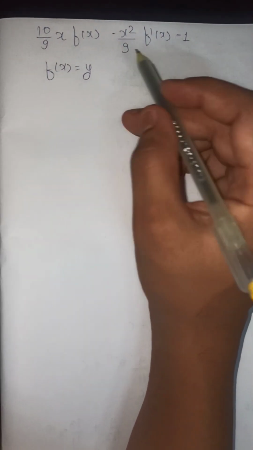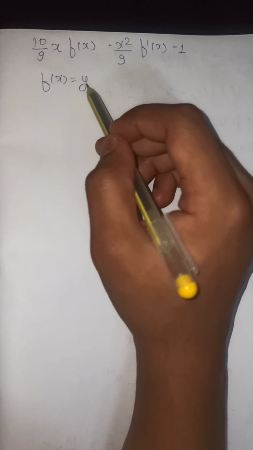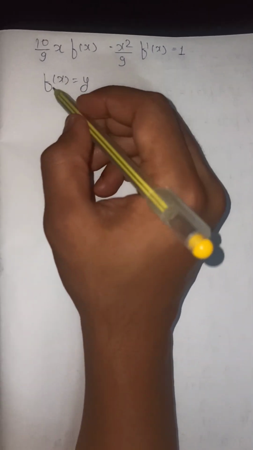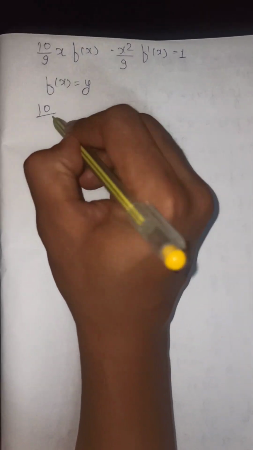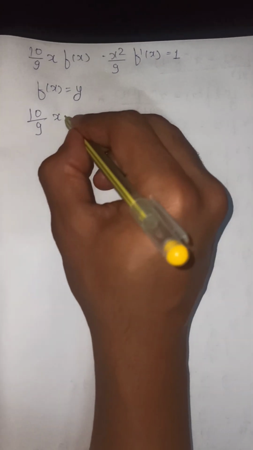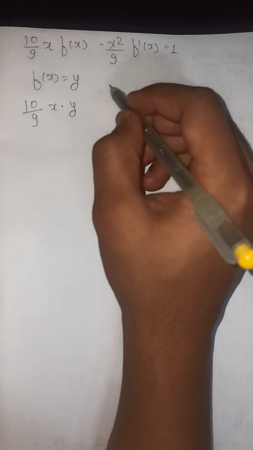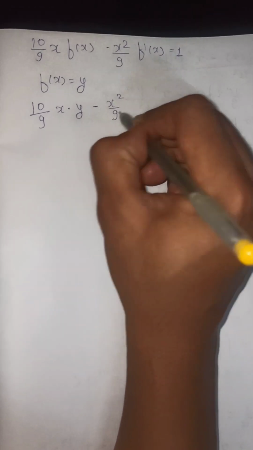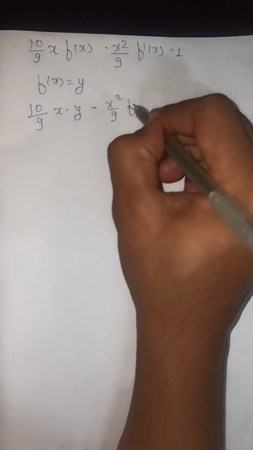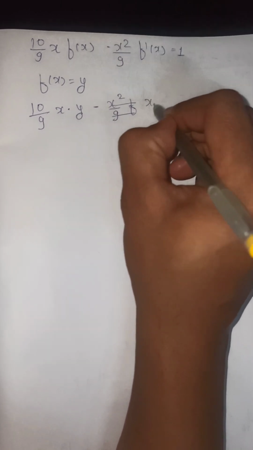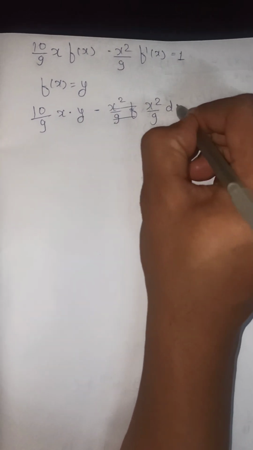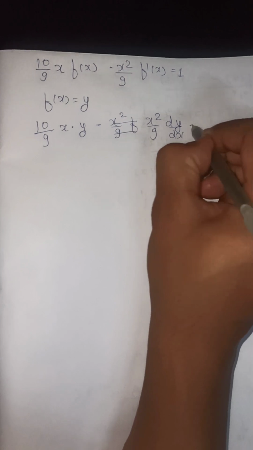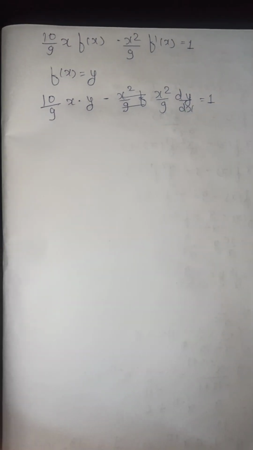In simpler words, just treat f of x to be y. If you do this, then you're going to get 10 by 9 x times y minus x squared upon 9 dy by dx is equal to 1.